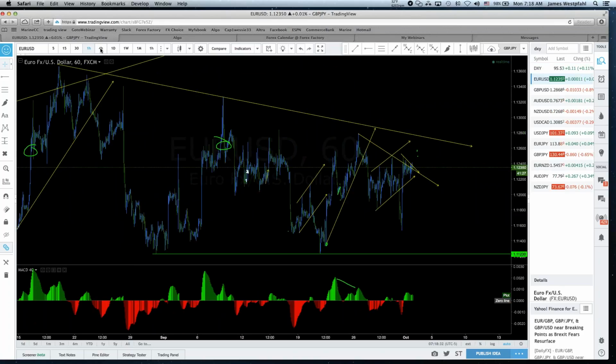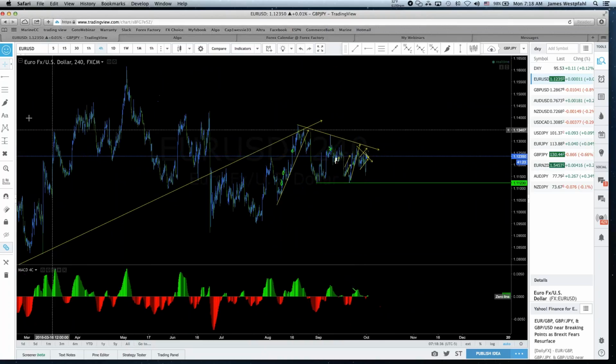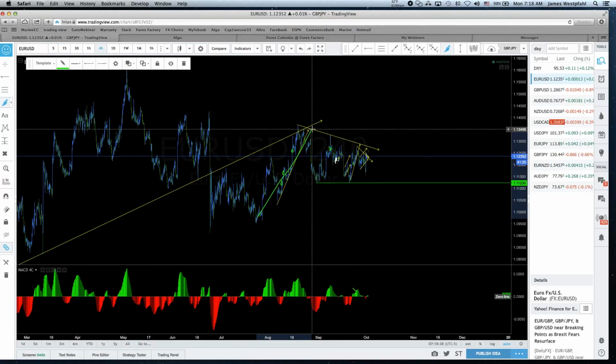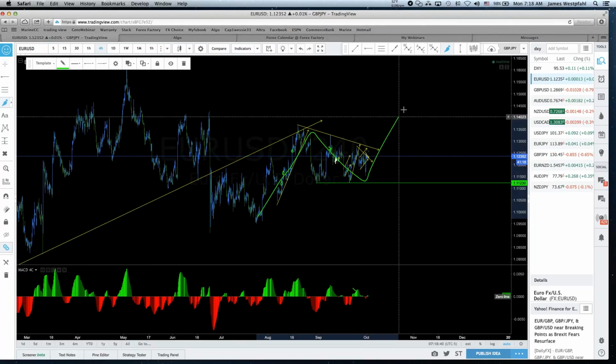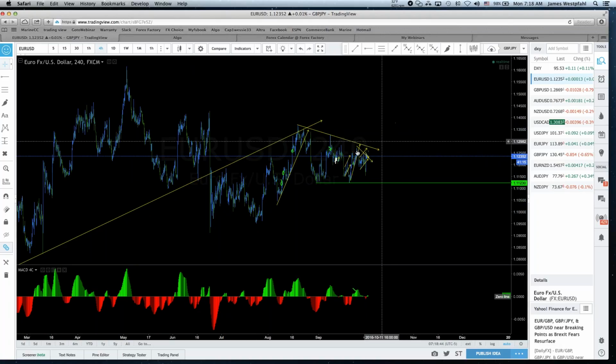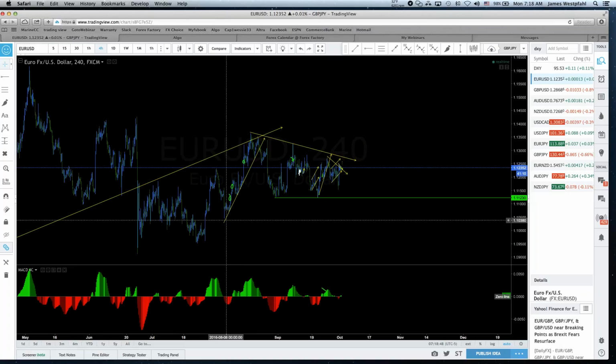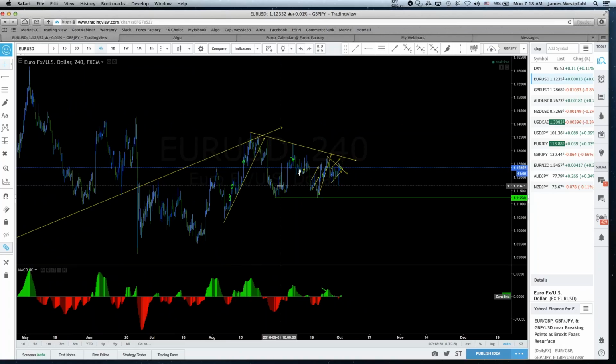So go to this in a bigger time frame. This could be just a bigger impulse, a correction, and an impulse. Right now, as it is, we're inside of this impulse, and we're inside of this impulse.